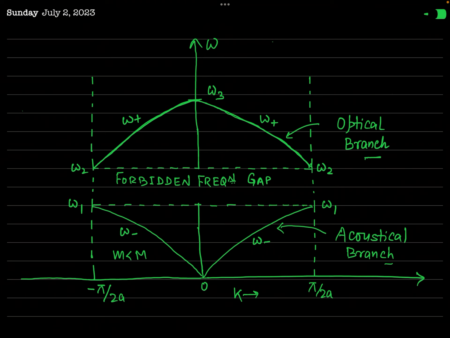Now let us see, when k is equal to 0, what are the values of omega plus and omega minus?